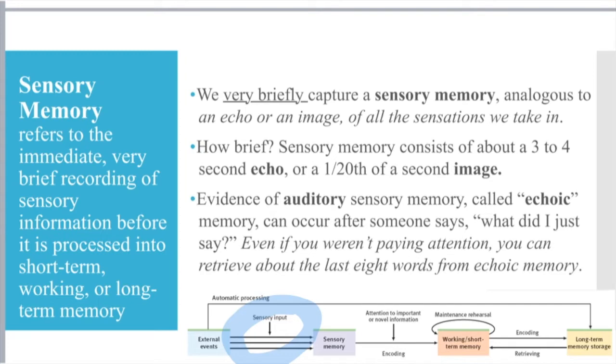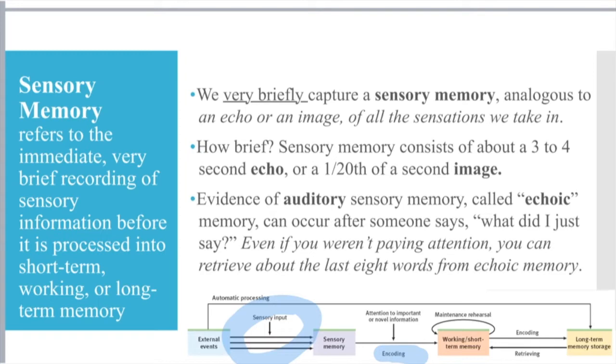We remember the sounds, we remember the sights, but until we encode it, until we actually take that information in, it doesn't go into storage. It's a very brief capture of a sensory memory. We're not going to remember it for very long unless our brain chooses to encode that information, whether by automatic or effortful processing.